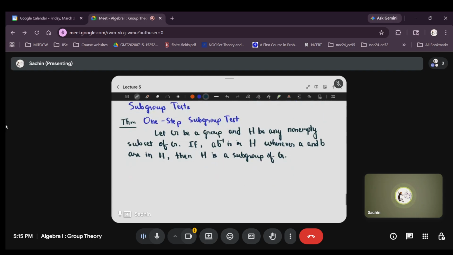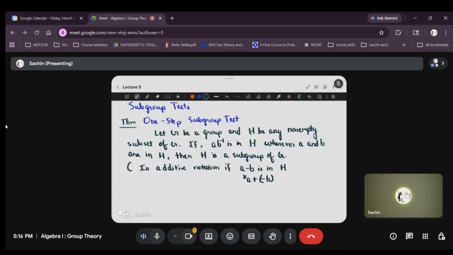So we write ab^-1 in the multiplicative notation, but in an additive group, it is: if a - b is in H. And a - b is simply notation for a + b inverse.